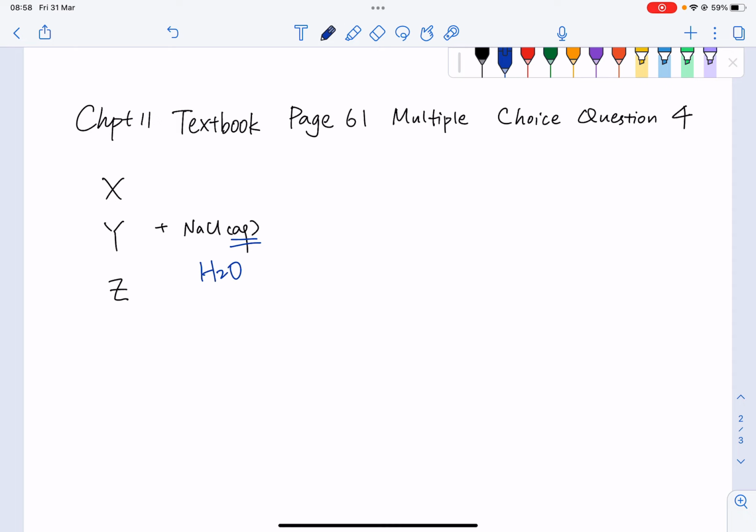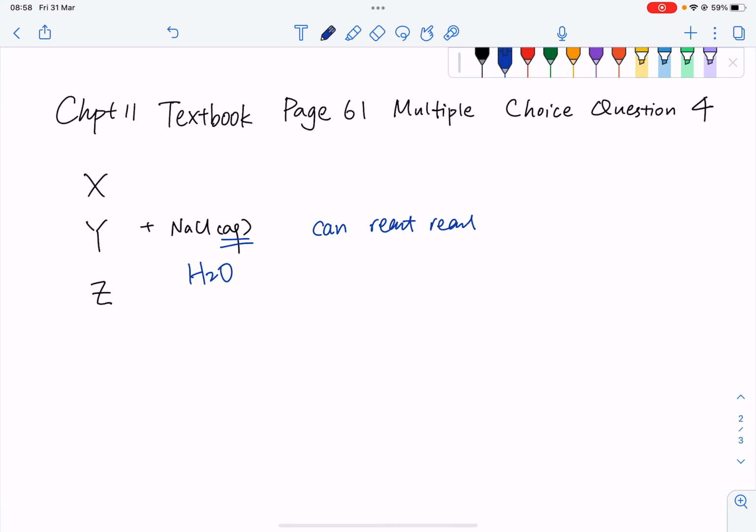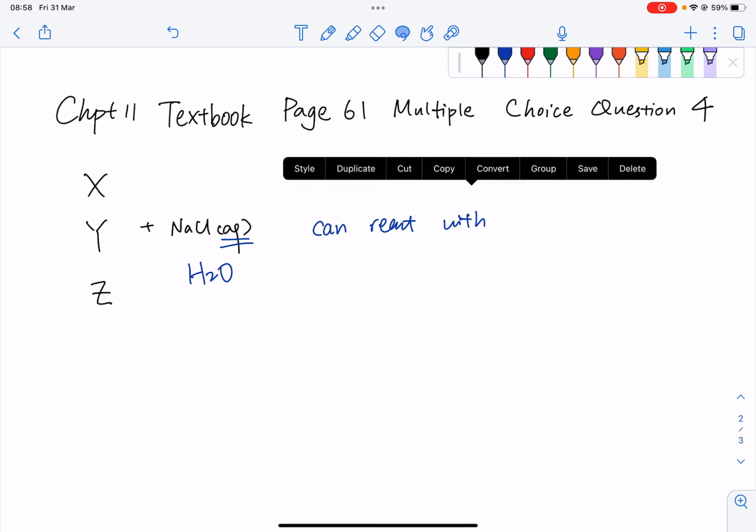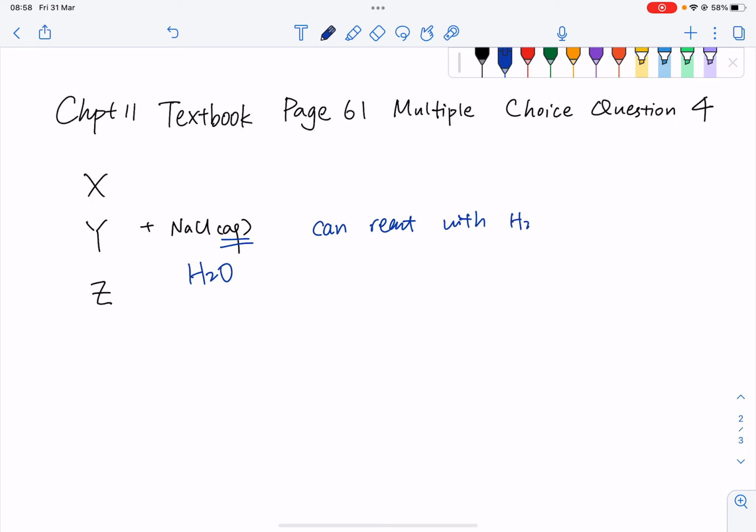So only Y gives colorless gas bubbles represents that Y can react with water to form hydrogen gas, right?